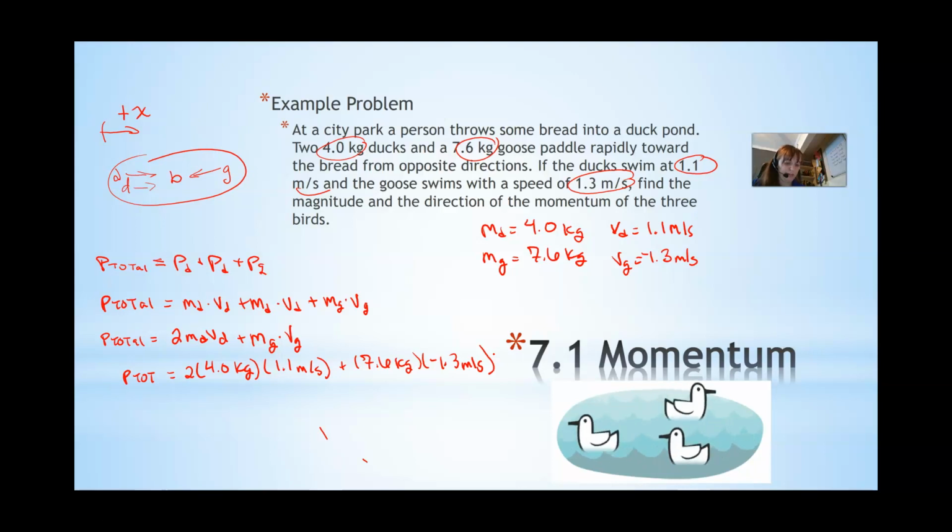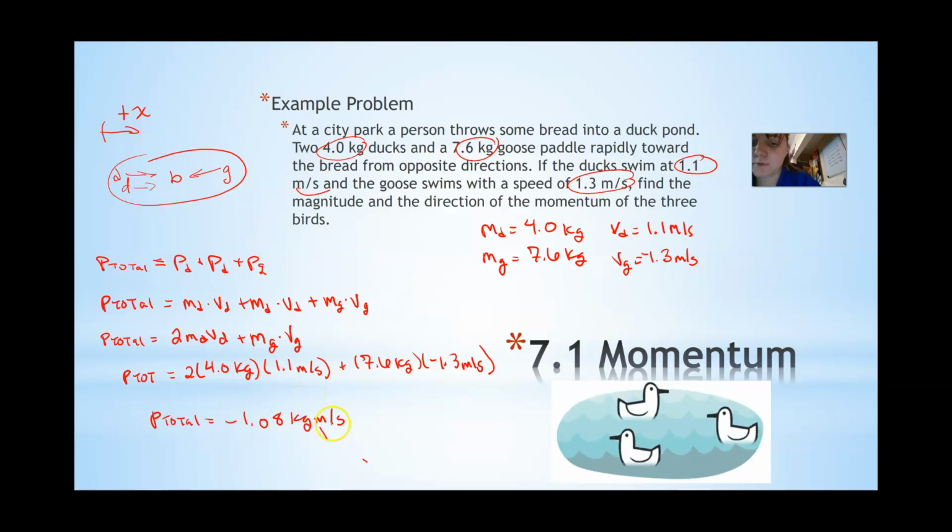All right, and when we plug that into our calculator, 2 times the 4 kilograms times the 1.1 meters per second plus the 7.6 times the negative 1.3, we get a total momentum of negative 1.08 kilogram meters per second.